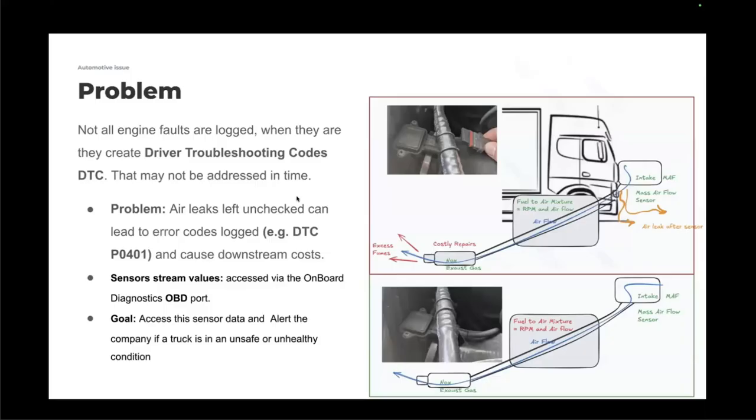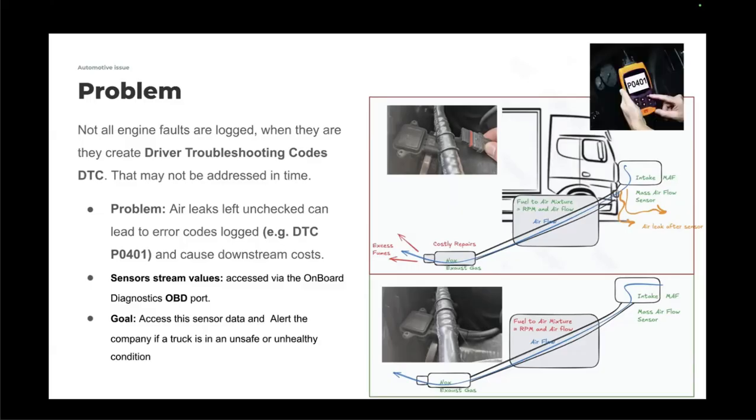So OBD, we'll figure out what kind of problem we're trying to solve. Let's say an automotive issue where we can create a healthy and an unhealthy condition, something that we can classify. I've created a data set here with a sample, which is an air leak, which is associated with a specific troubleshooting code that you can scan with your OBD scanner.